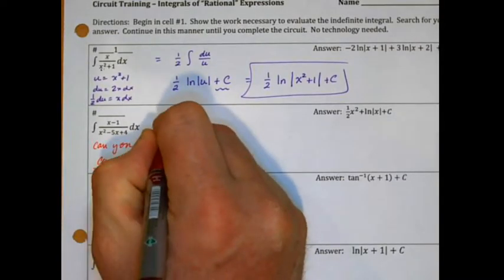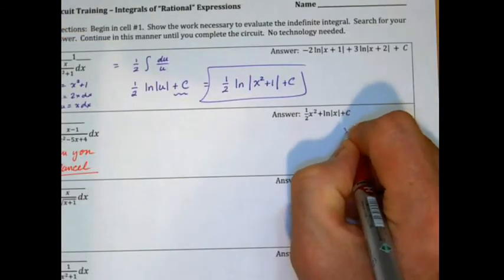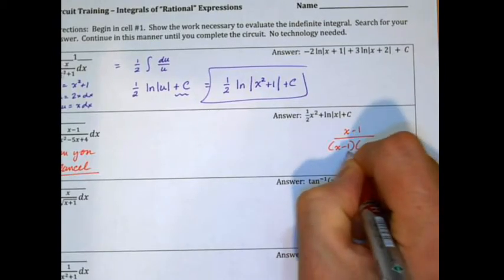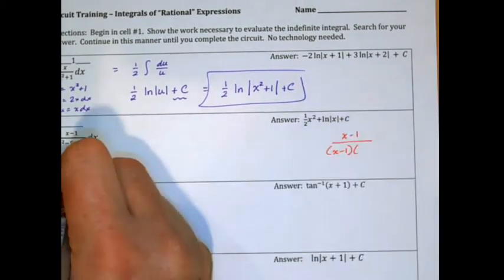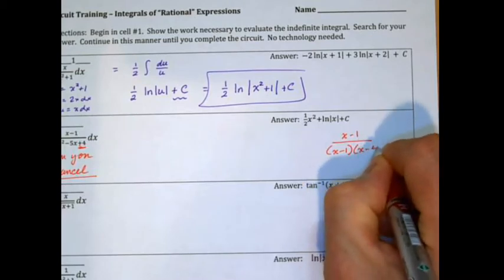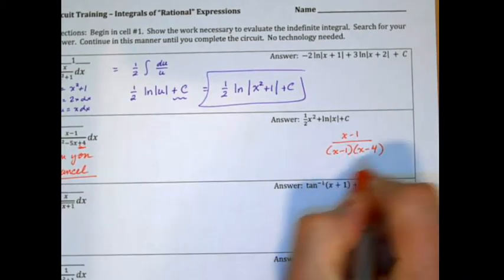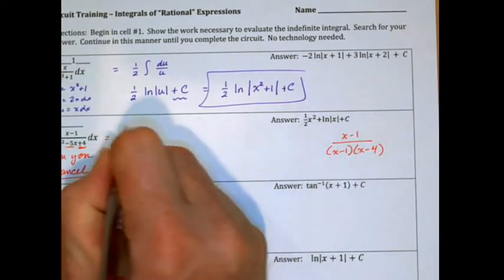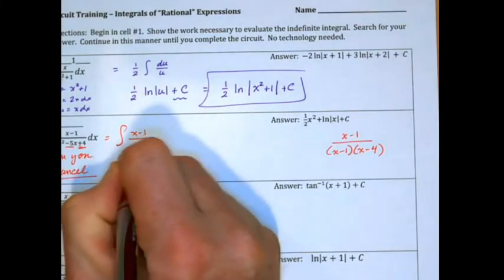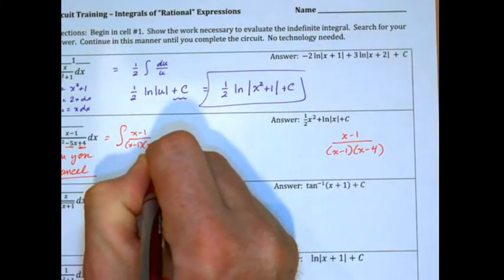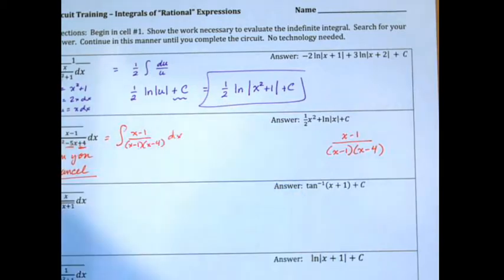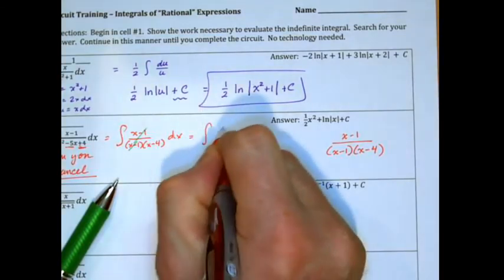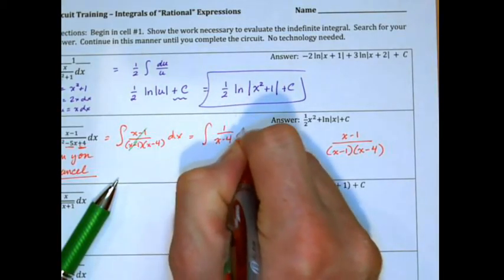So let's just see. x minus 1, and the best way to see if x minus 1 cancels is what times negative 1 will give you positive 4, and that answer will be x minus 4. Well, does that give me minus 5x when I distribute? Hey, it does. So this is x minus 1 over x minus 1 times x minus 4 dx. And since I can cancel this, this is going to leave me with 1 over x minus 4 dx.